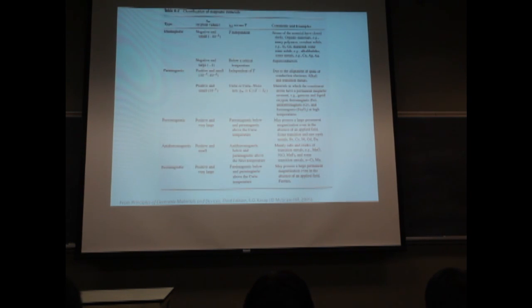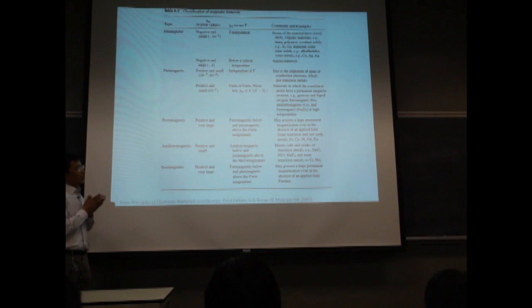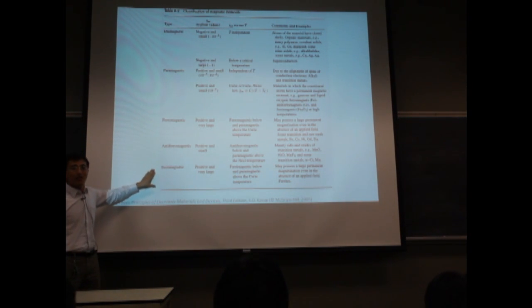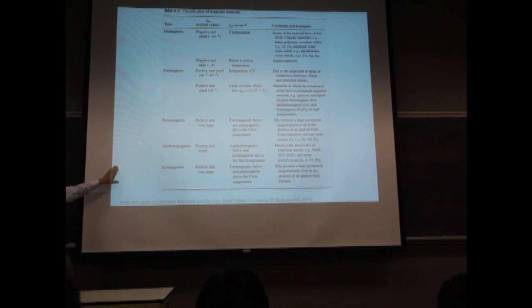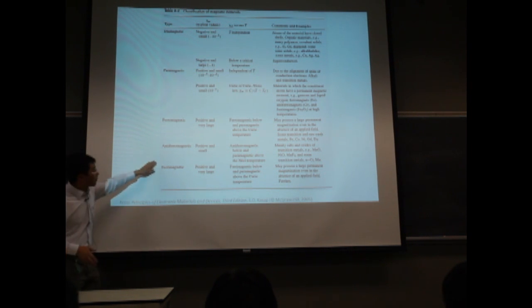According to this susceptibility, we can classify the material in different categories, such as diamagnetic material, which has -1. Paramagnetic material has a small value of susceptibility. Ferromagnetic material has a positive but large value of susceptibility.